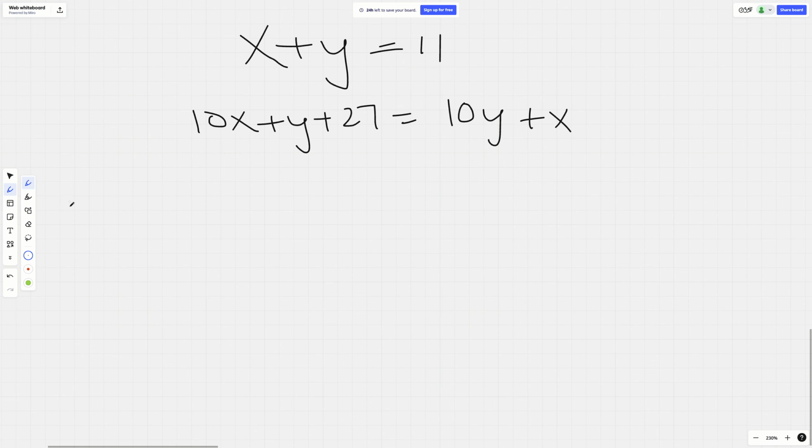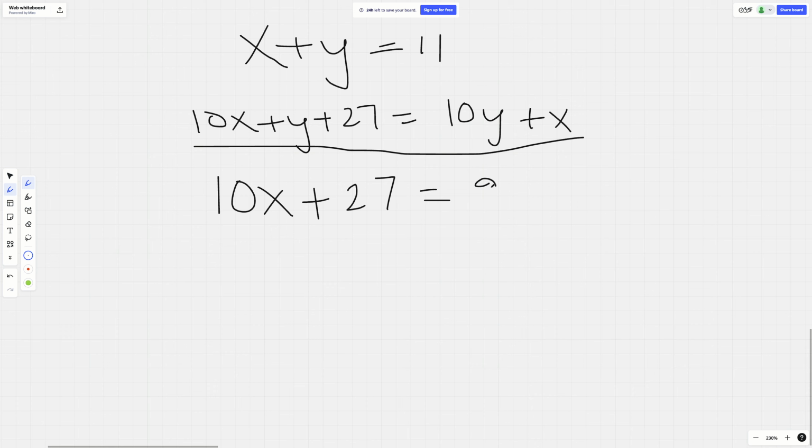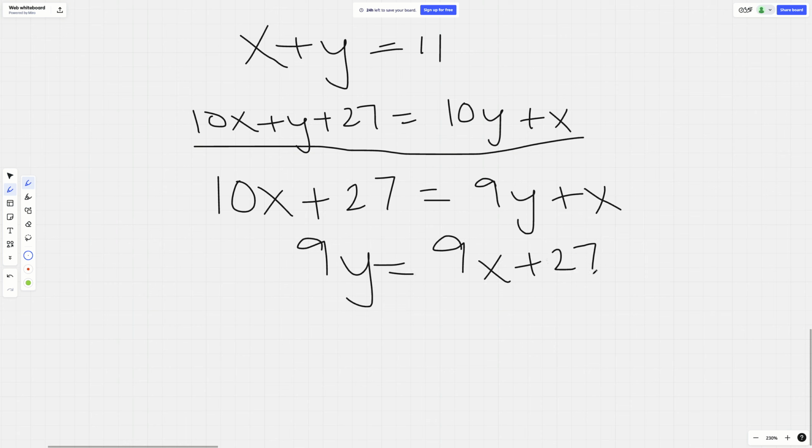We can solve this using elimination or substitution. But first, let's simplify this second equation. Doing that, we see that 10x plus 27 is equal to 9y plus x, or 9y is equal to 9x plus 27. Dividing both sides by 9, we see that y is equal to x plus 3.